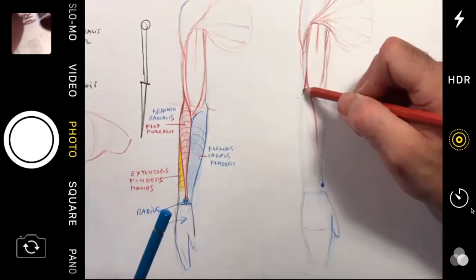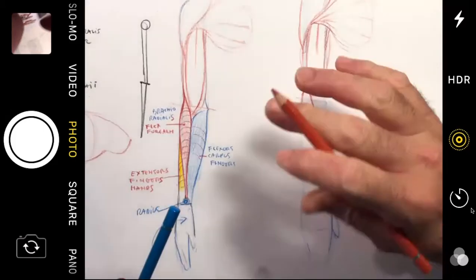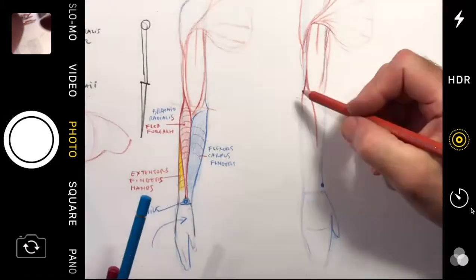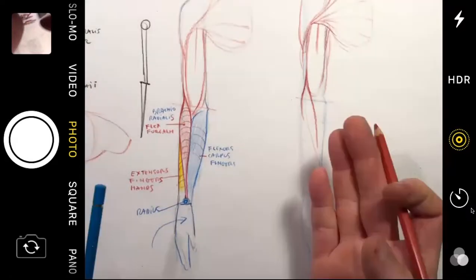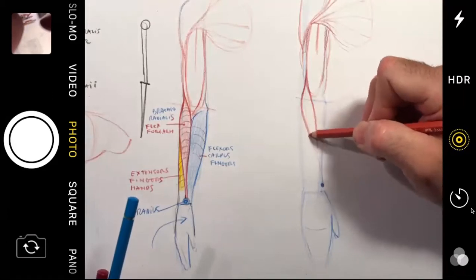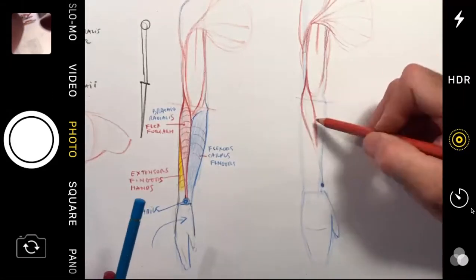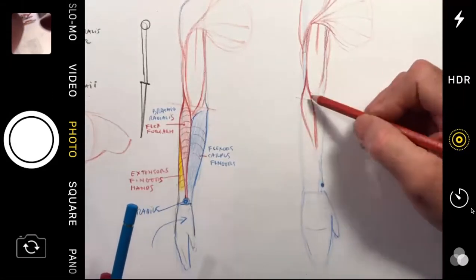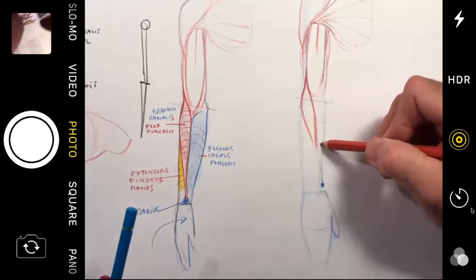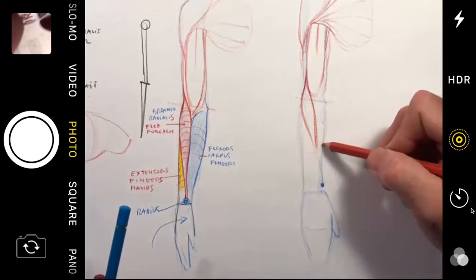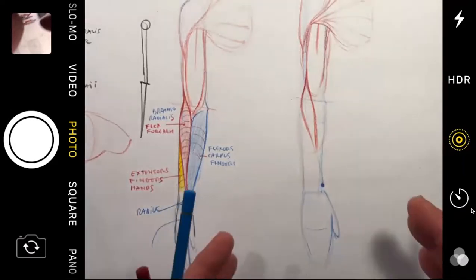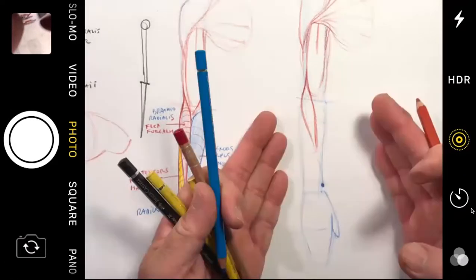So the brachioradialis is a flat muscle. It looks voluminous here, but only because under it there are two other muscles that push it up. The brachioradialis also becomes a long tendon, right? Meaning the volume of the upper arm develops here, and when you are down here, the muscles taper and become long tendons.